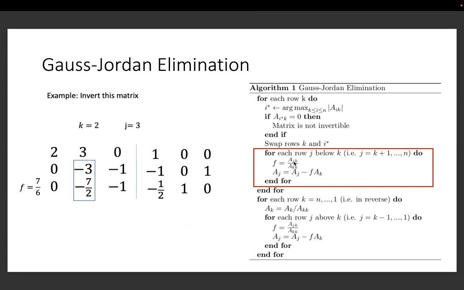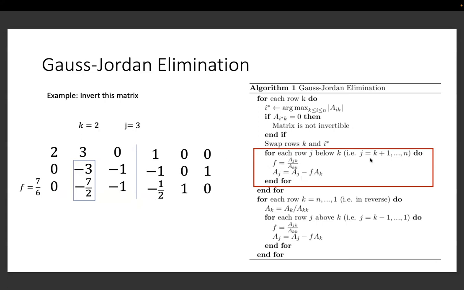So the scale factor here is 7 divided by 6, because A32 is equal to minus 7 divided by 2, and A22 is minus 3. So we can divide them, and then F is equal to 7 divided by 6.